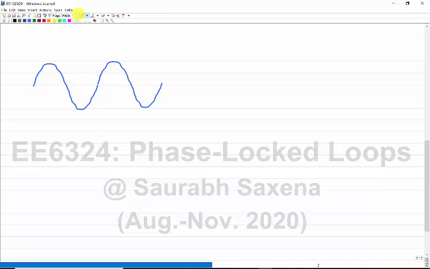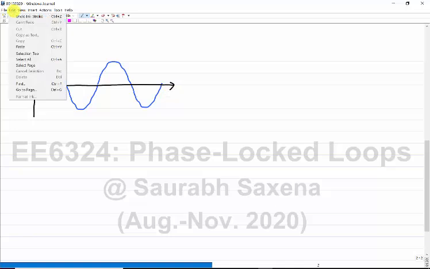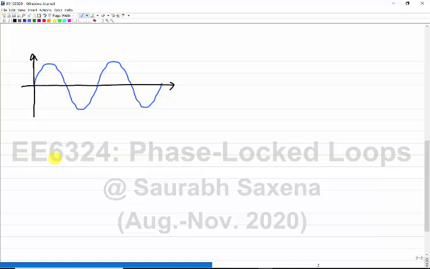So this is my ideal clock, and there is a certain zero crossing. This is my ideal clock. Now let me just say there is some real clock, and the real clock may start like this.